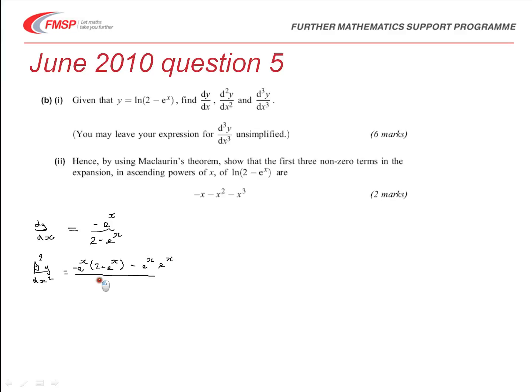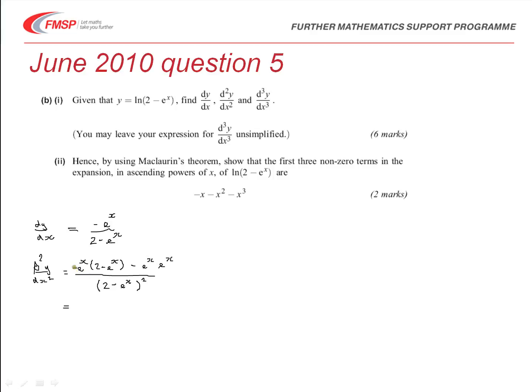And then on the bottom, we're going to get 2 minus e to the x, and that now has to be squared. Now, bearing in mind that we've got to find the third differential, it's probably sensible at this point to simplify this.